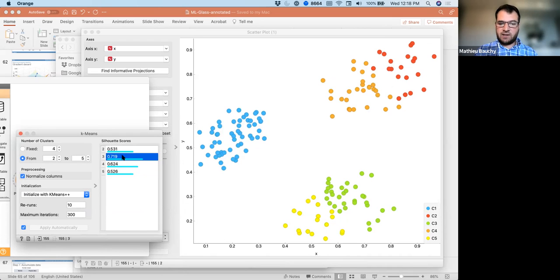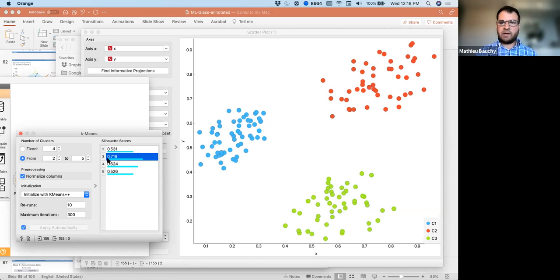For example, here you can see that the silhouette is maximum when the number of clusters equals 3. This means that in this case, 3 clusters is the most optimal number of clusters that gives you the best clustering analysis at the end.